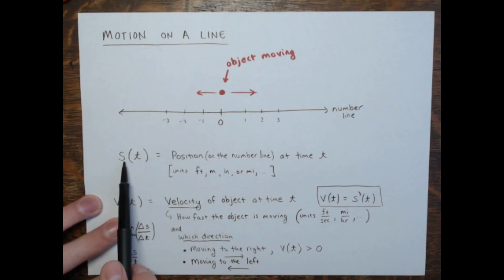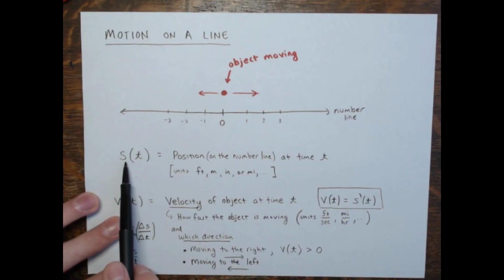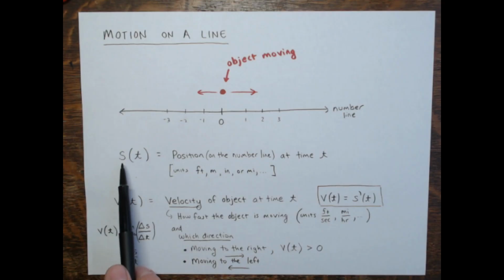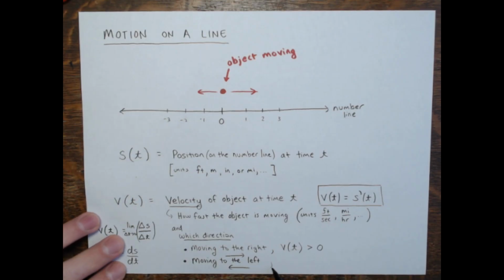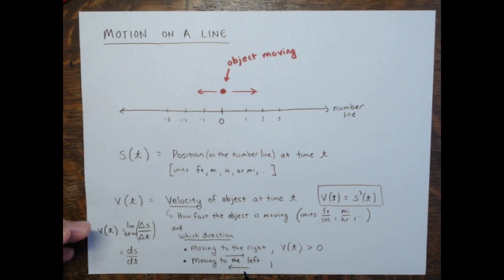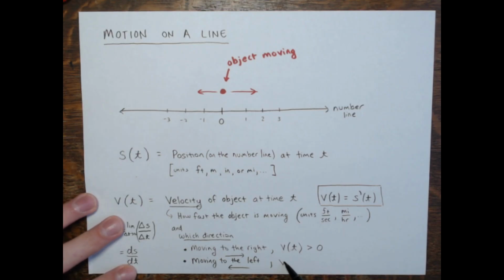Again, you may recall that when the value of a function is decreasing, the derivative is negative at those places. So s prime will be negative when the object is moving to the left. Or the velocity will be negative, less than 0, when the object is moving to the left.